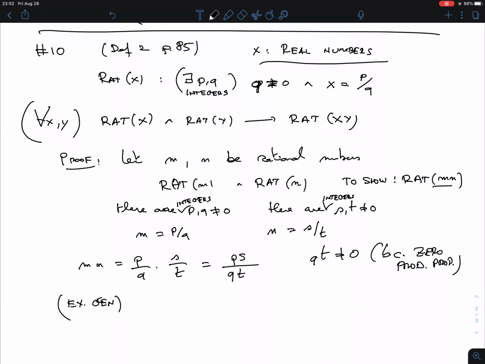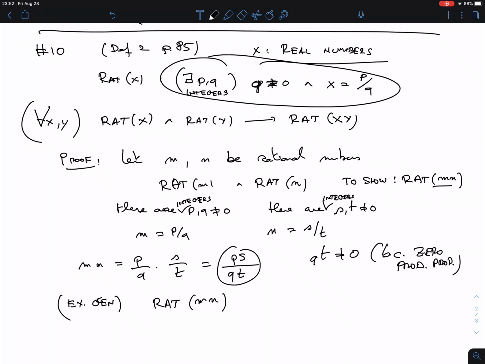So we say, this shows me that ret mn, because mn is written in as the definition of what a rational number is. Okay, so that's for number 10. But we're going to do much more on proofs. If you heard what we do, these more strange proofs, and those are more the ones that I want to quiz you on.